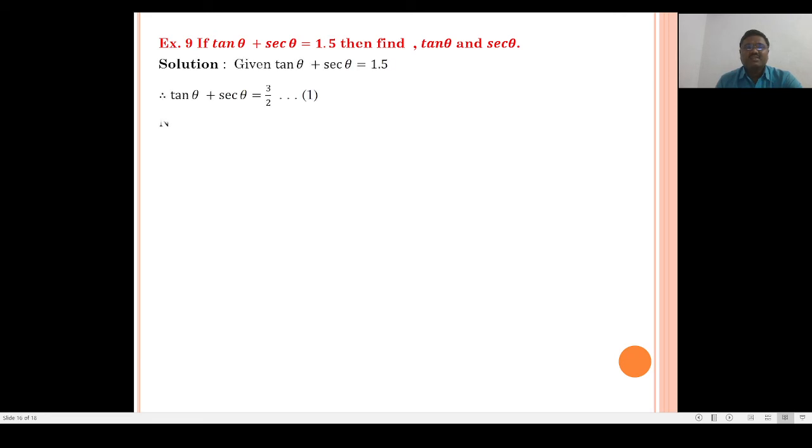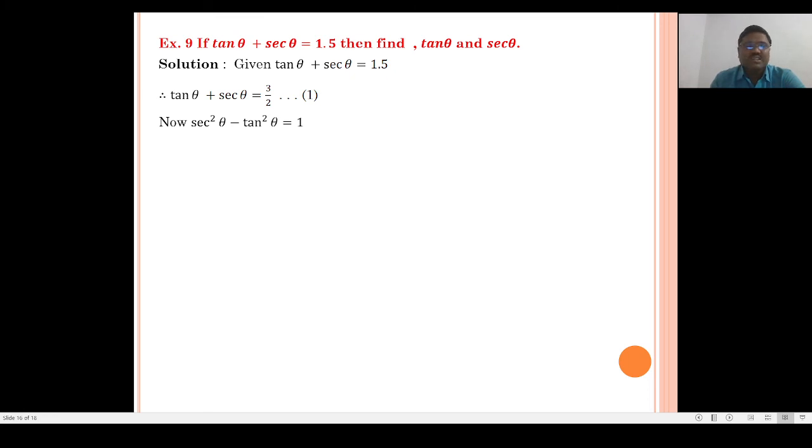Next example: if tan theta plus sec theta equals 1.5, then find tan theta and sec theta. So given that, 1.5 means 3 by 2. So tan theta plus sec theta is 3 by 2.